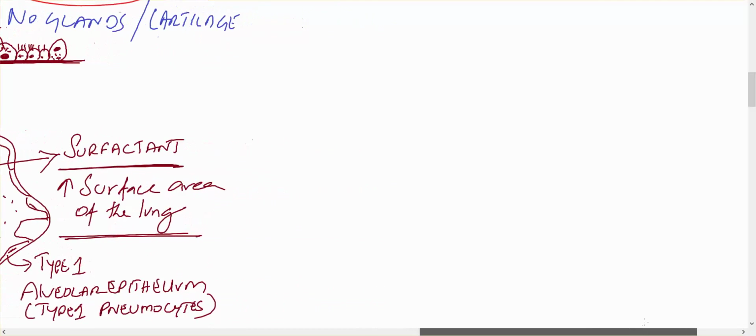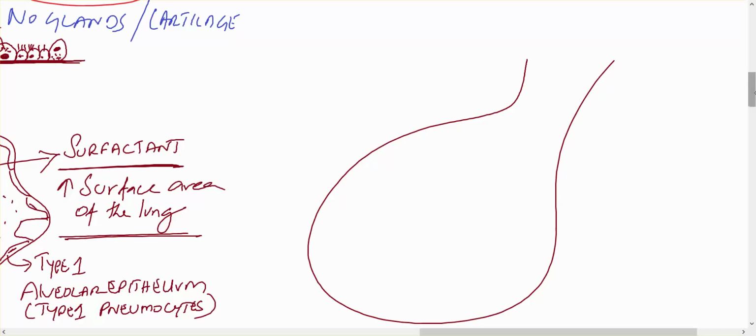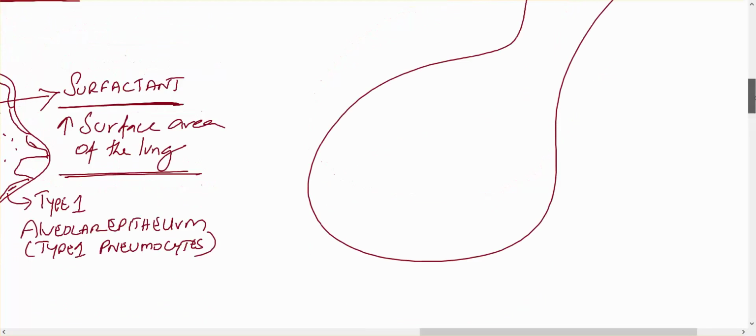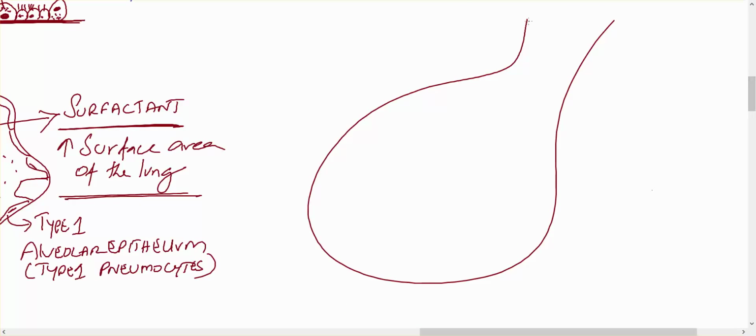So let us draw the alveoli differently. This is the alveoli, and this is the bronchiole lined by ciliated pseudostratified columnar epithelium. Then when it enters the alveoli, the cells become flat as type 1 epithelium, and some cells are cuboidal, called type 2 epithelium.